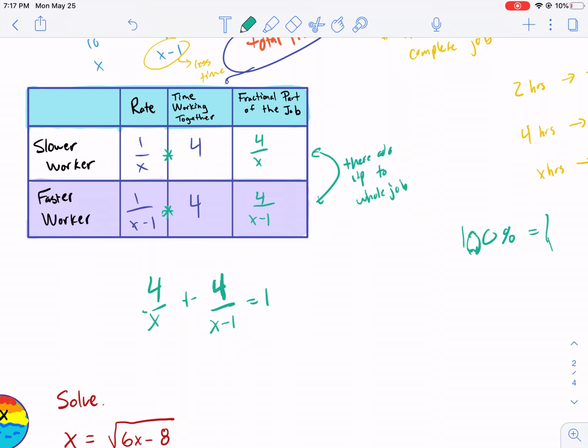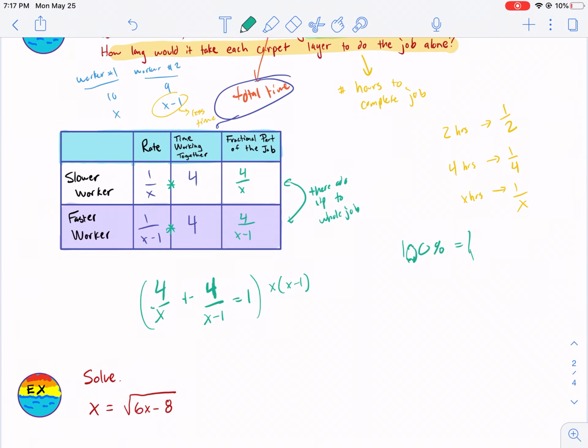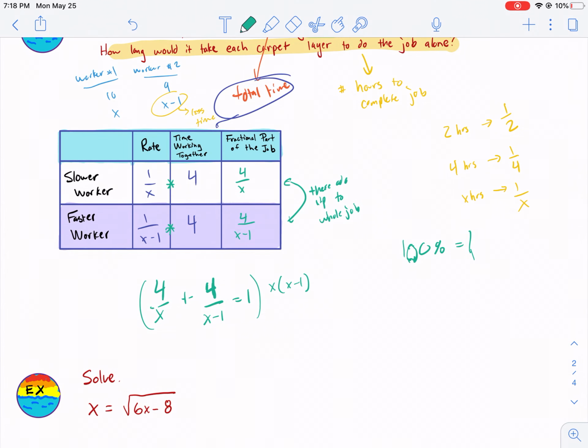Well, how do we do this here? We have to multiply both sides by the denominators, x times (x minus 1). This will get rid of our denominators, and this will help us make this problem a lot cleaner.